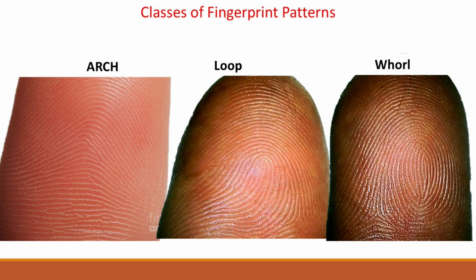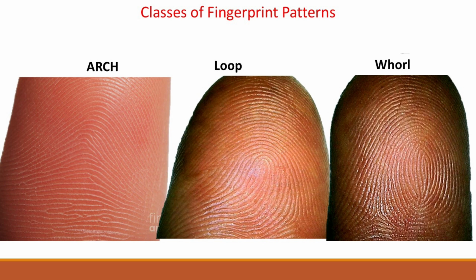Even on your fingers alone, you may have different patterns. Each of those patterns will belong to a class. For example, you may have two whorls on your left hand, and maybe the rest are loops, while on the right hand you may have a whorl, loop, and many other ones.